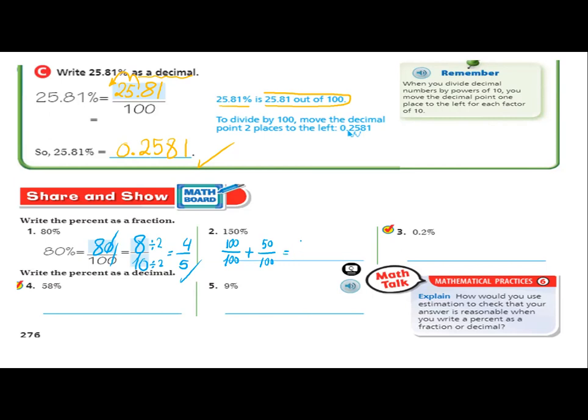What should I write here? If you have 100 small squares shaded, so okay, one. And here 50 over what? 50 over 100.